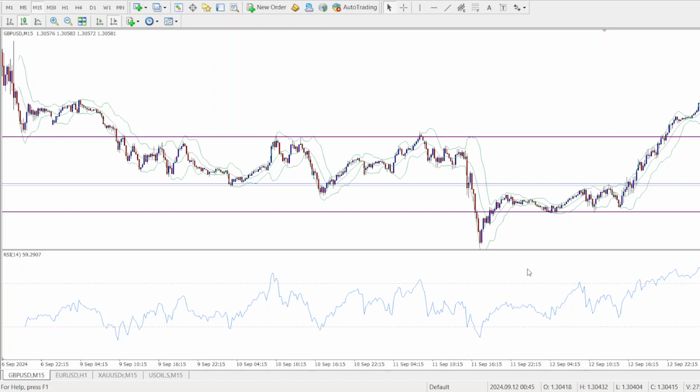Leverage of 1 to 100 is actually okay. And then your lot sizes: the amount that you are willing to risk per trade is going to determine the lot size that you open per trade. So perhaps 1 to 3% maximum should be okay.